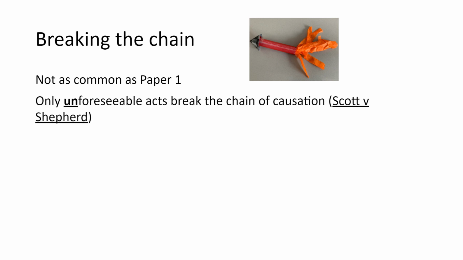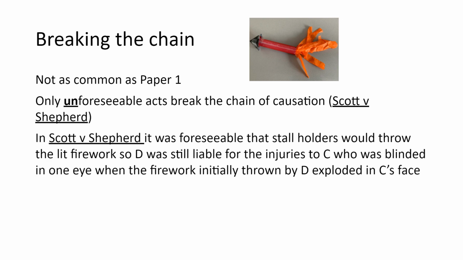In paper 2, there are not so many events that break the chain. It's not as common as in paper 1 at all. So just remember, only unforeseeable acts will break the chain of causation, which is the firework case of Scott v Shepherd, when the actions of the stall holders who threw the lit firework from person to person were foreseeable, and this meant the defendant was still liable for the injuries suffered by the claimant, who was blinded in one eye when the firework that had initially been thrown by the defendant exploded.